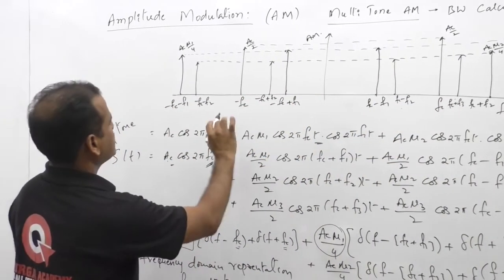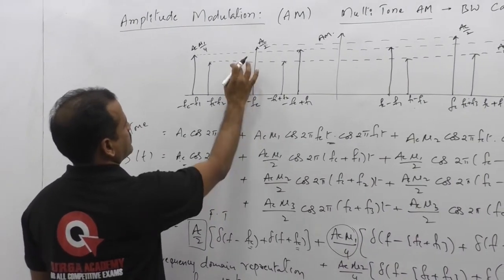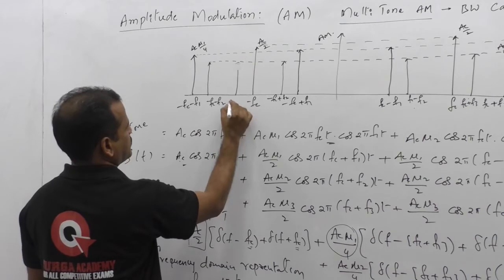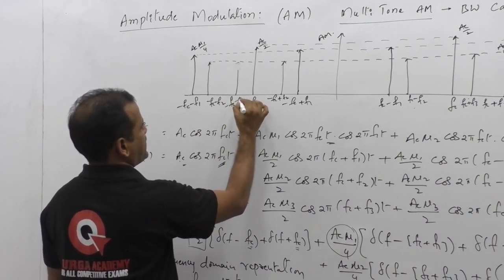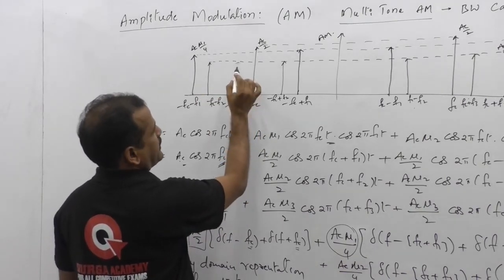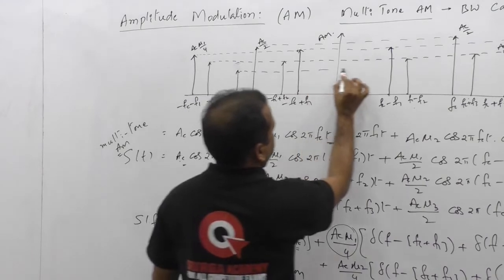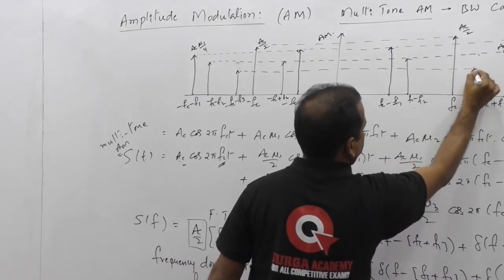That is, from the reflection you will get somewhere here Fc plus F3, the reflection minus Fc minus F3 you will get, and this amplitude will be a little bit lesser than that one. So this component should have amplitude lesser than that.